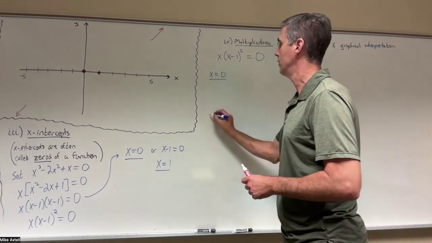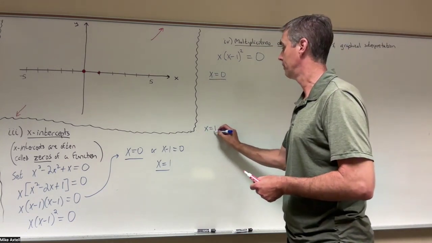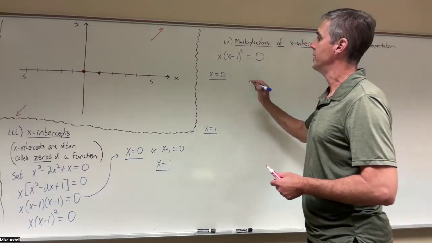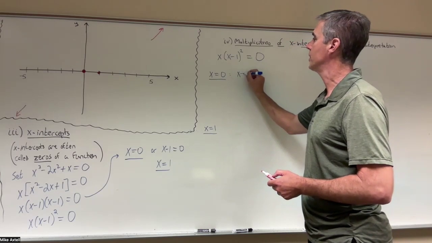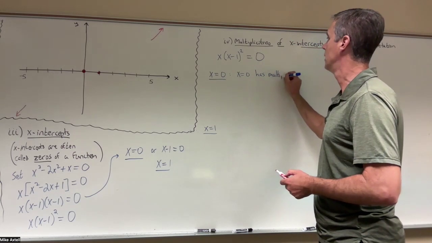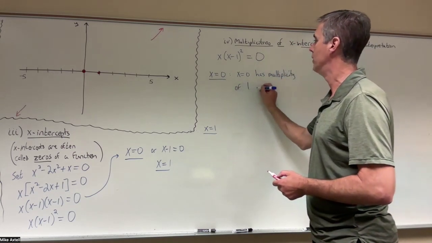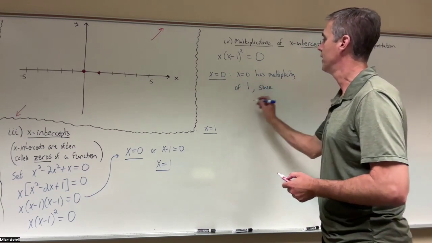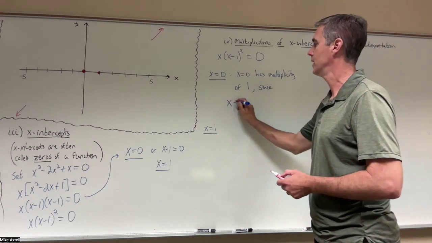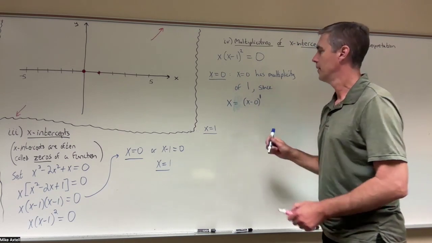x equals 0. Remember, 0 is an x-intercept. And x equals 1. All right, this intercept, x equals 0, has multiplicity of 1 since x, how would I say this, I can think of it as (x minus 0) to the first.